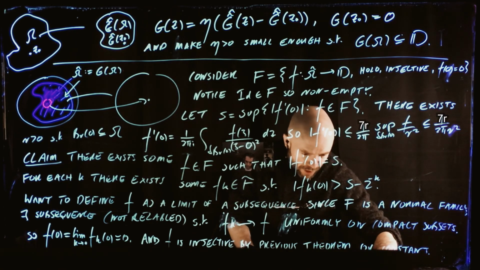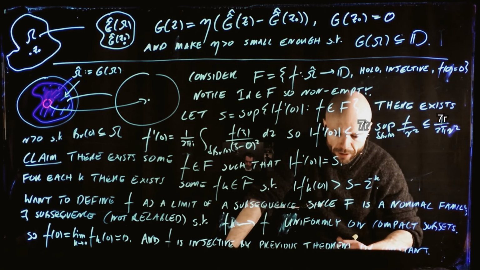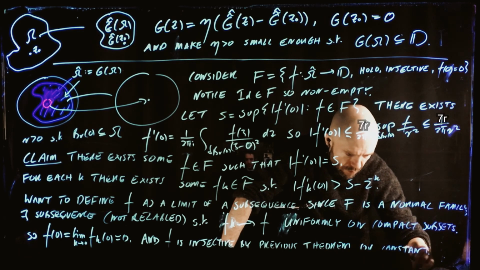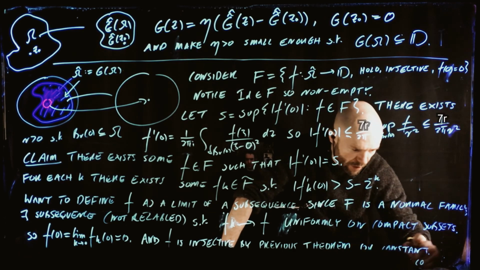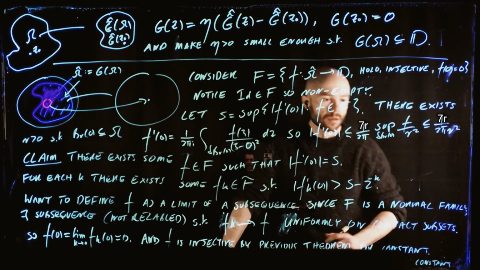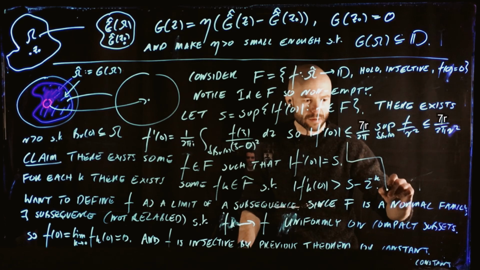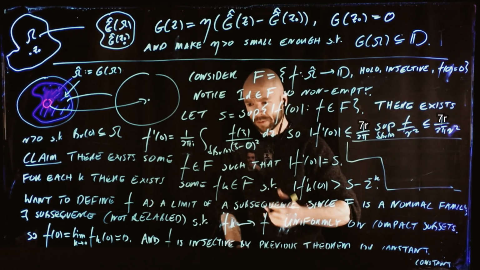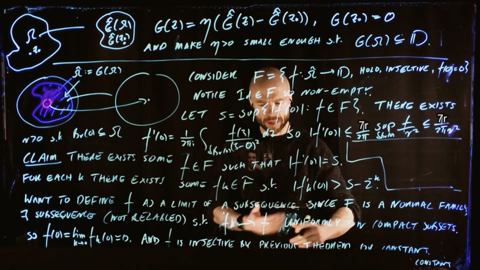But I've used something here when I've concluded this. What have I used when I conclude this? Why am I allowed to say that? Well, that's how we chose the sequence, but why do I have the right to claim that the limit satisfies this?